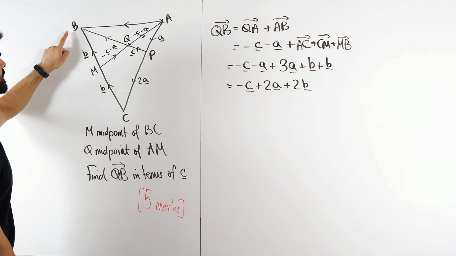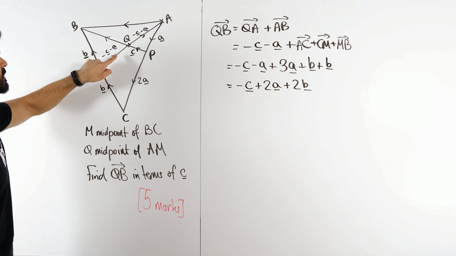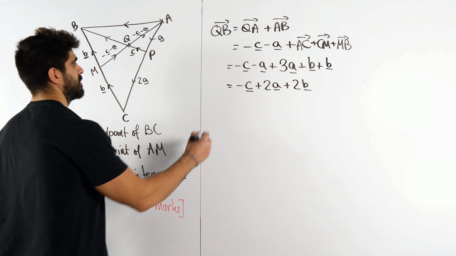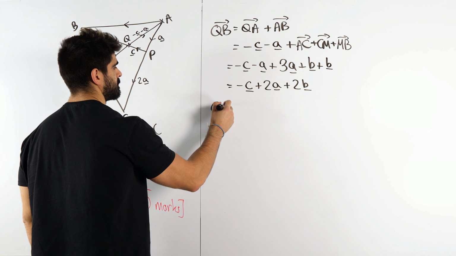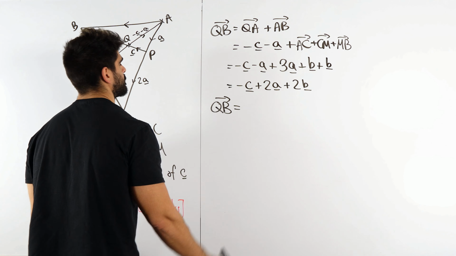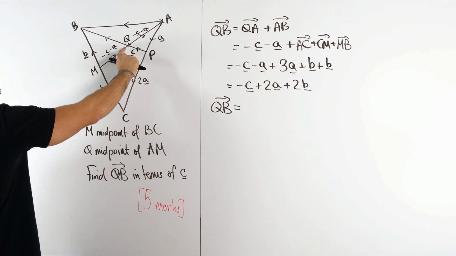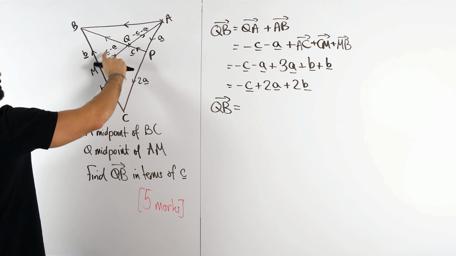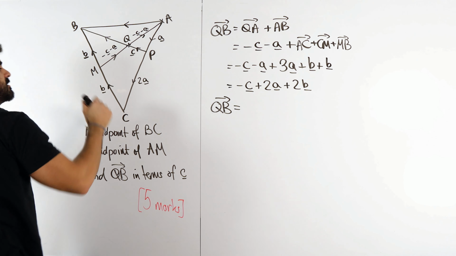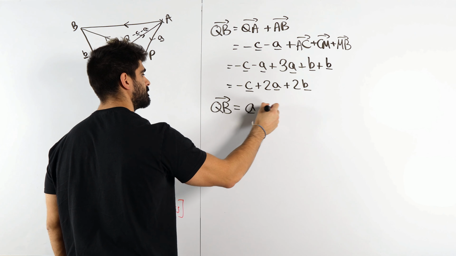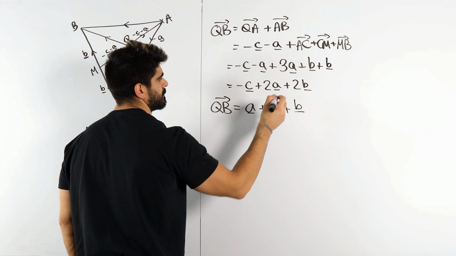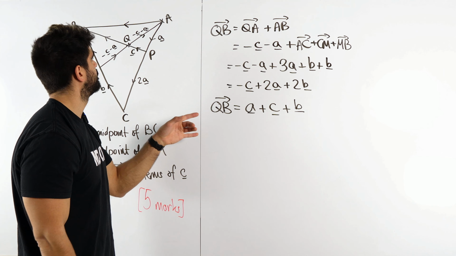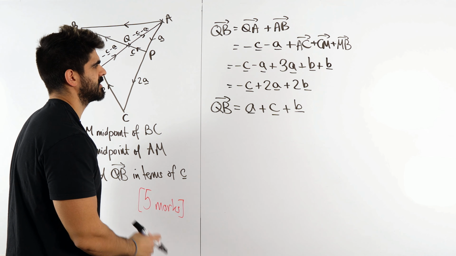So going from Q to B, I'm doing the negative of this, yeah, which would be A plus C plus B. So Q to B, so to go from Q to B another way is we're going this way, which is A plus C. Yeah, it'll be the negative of this, A plus C and B. Okay, so these two things must be exactly the same.